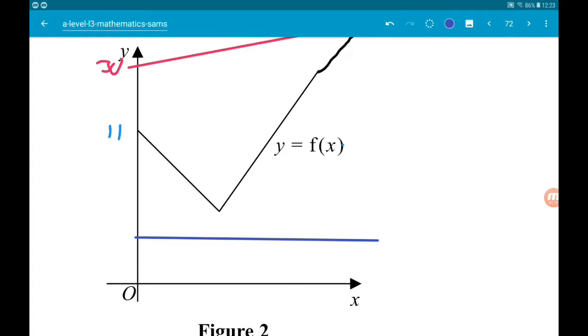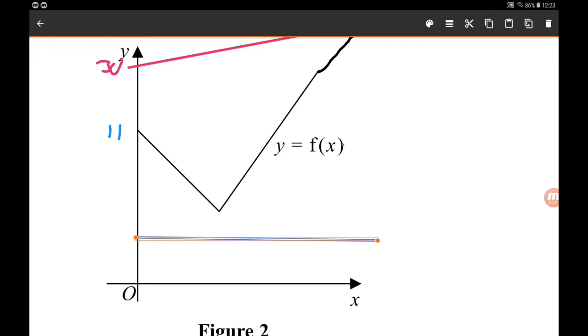If k was 5, it would only hit the graph at one point, so that would be invalid. If we move up, we're now in a region where there are two distinct points of intersection.